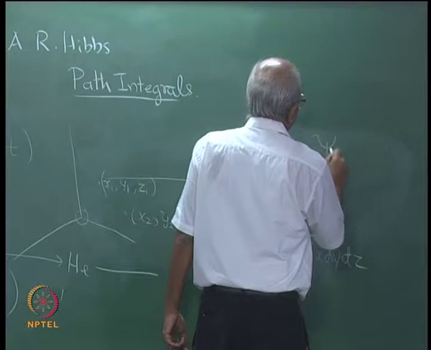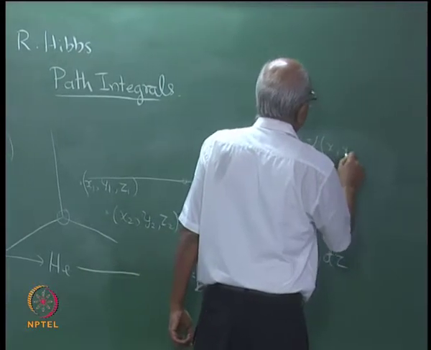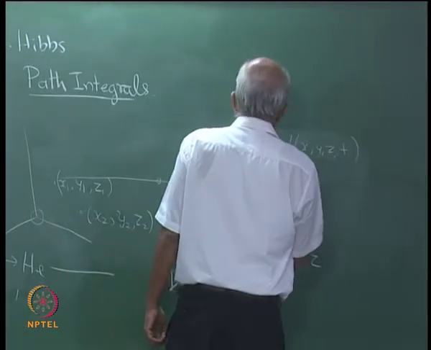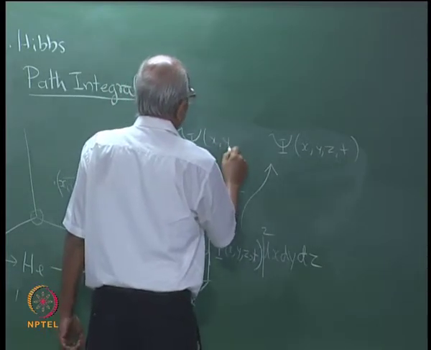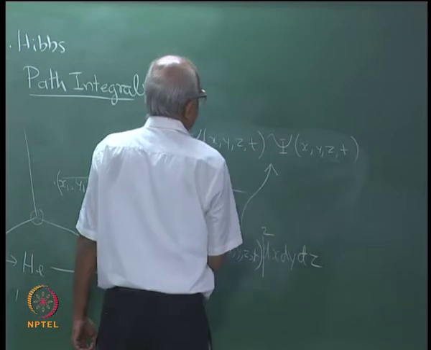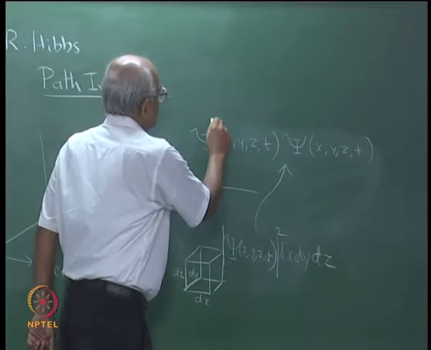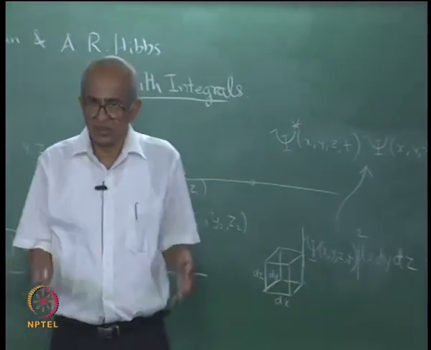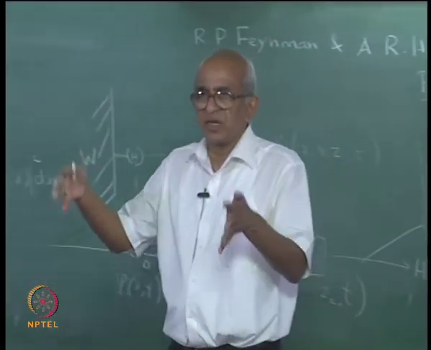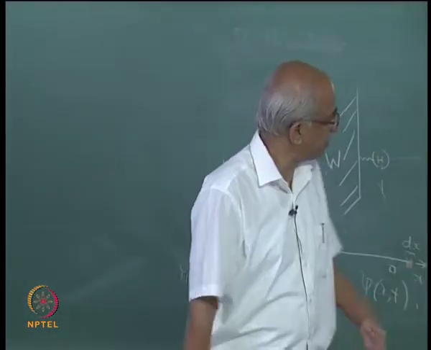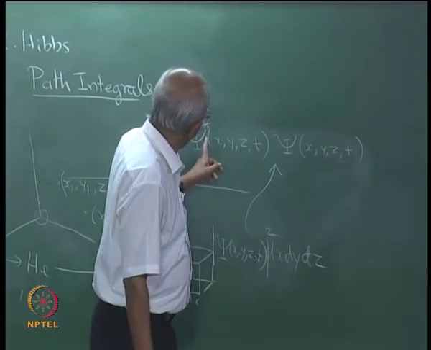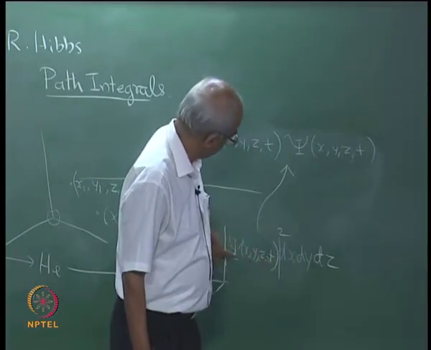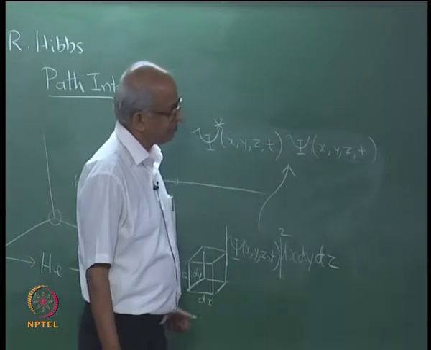You take the wave function, take its complex conjugate, and multiply the two together, and that is nothing but the square of the magnitude of the wave function. So, instead of writing magnitude of psi square, you can as well write psi star psi. This object is nothing but psi star psi.